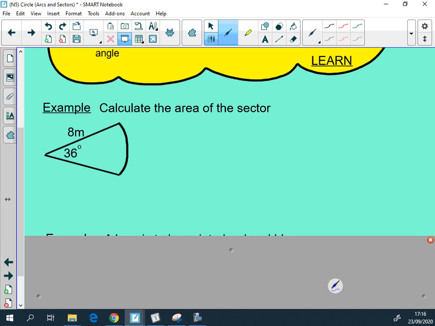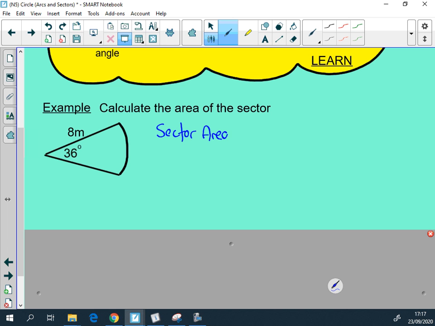Again, very similar strategy. My sector area is going to be equal to the angle all over 360 times pi r squared. Now the angle is 36, and my radius, it tells me the radius is 8.